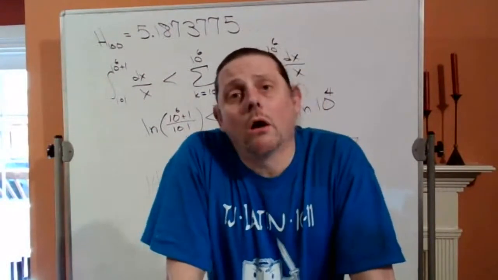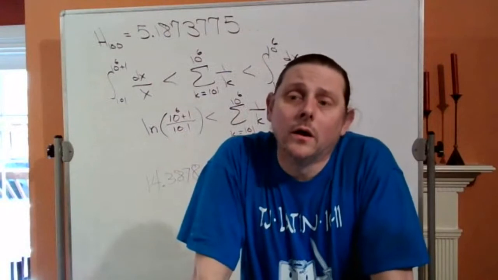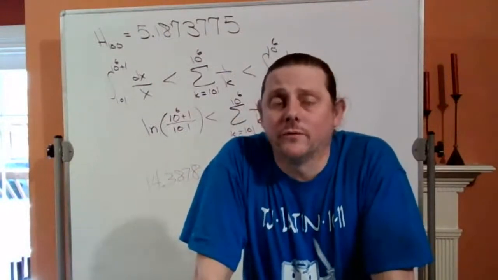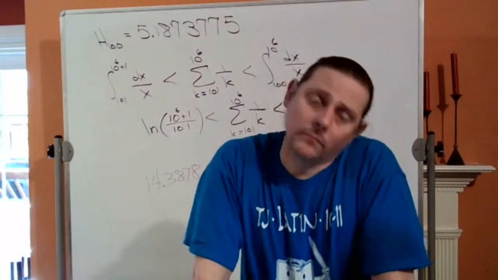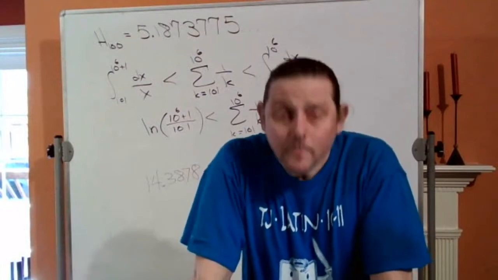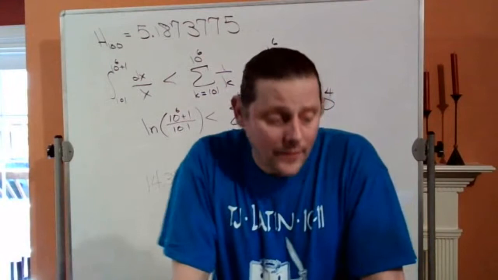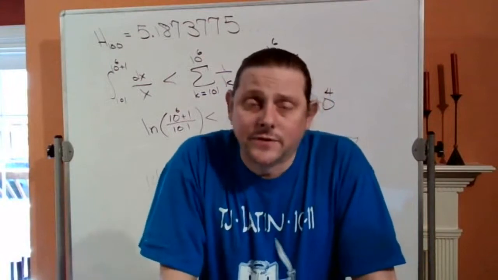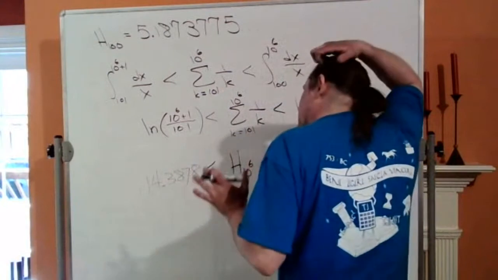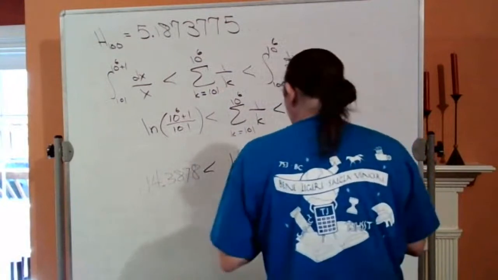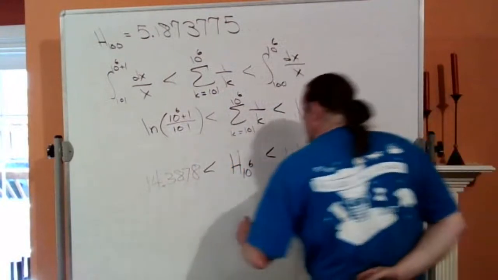We'll get an error of 0.01 for any number of terms we choose to add, as long as it's large. Okay? Now this immediately gives us information about the divergence structure of the harmonic series.